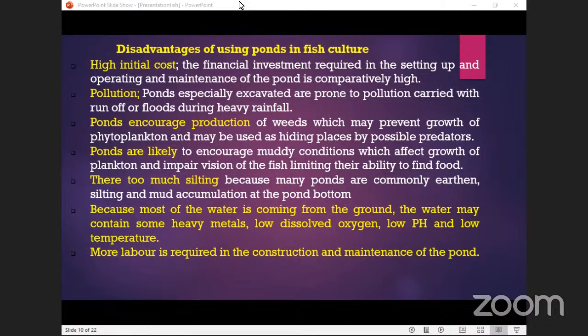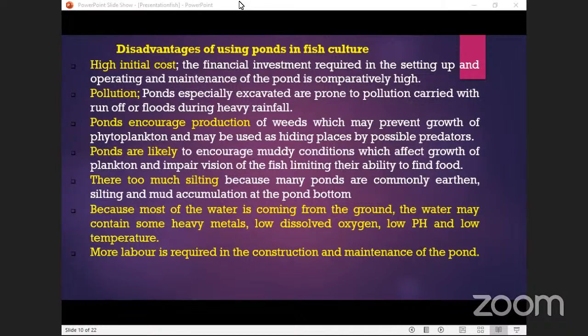Ponds encourage production of weeds which may prevent growth of phytoplankton and may be used as hiding places by possible predators. Ponds are likely to encourage muddy conditions which affect growth of plankton and impair vision of the fish, limiting their ability to find food.